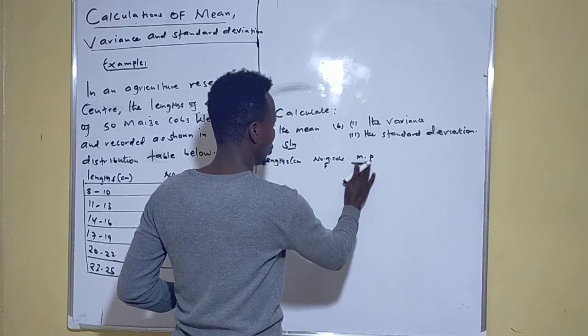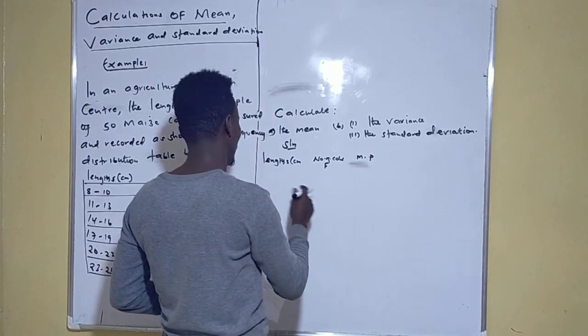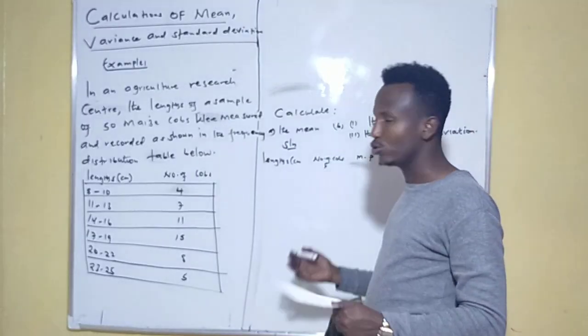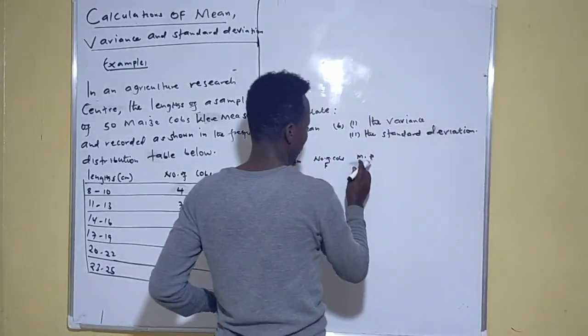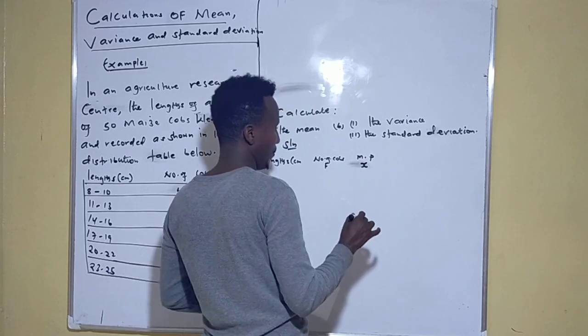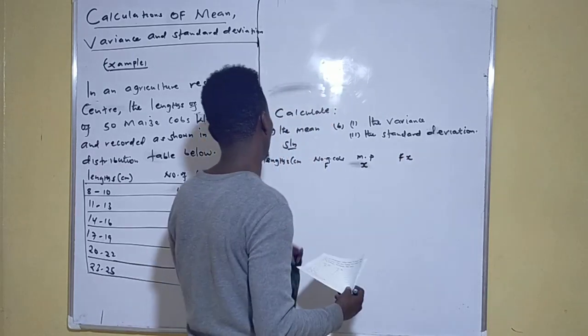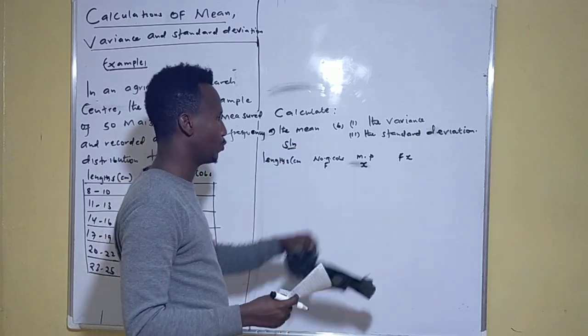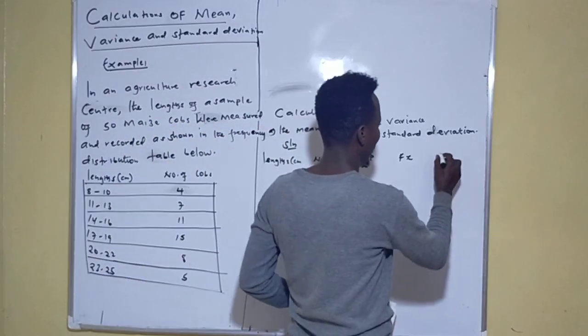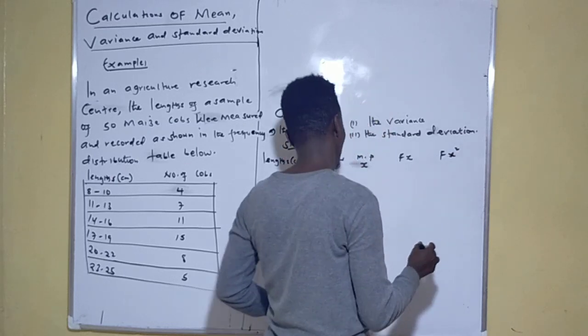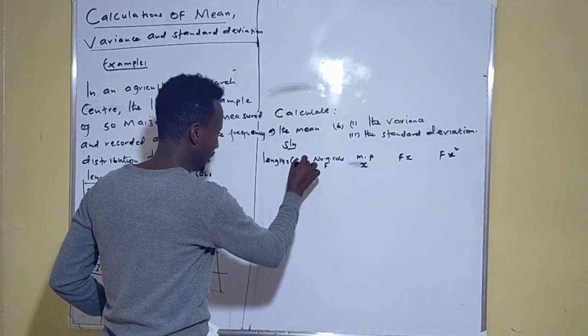Don't forget, because the moment you have grouped data, you cannot take this as the x value, because you need to get the midpoint. Then we will have fx, since we are told to get the mean. Then we will have the last column, fx squared. So this is how we are going to calculate things. Look here.